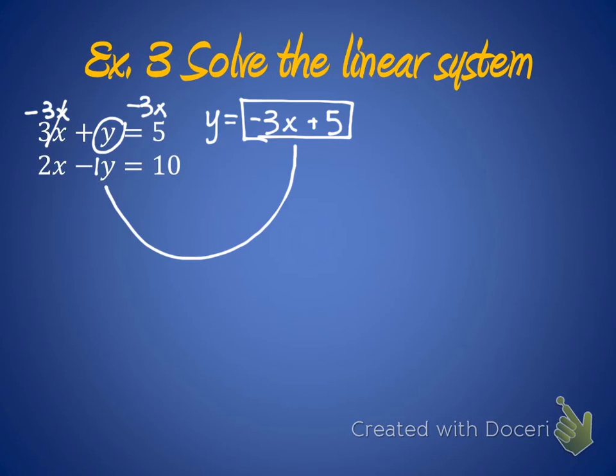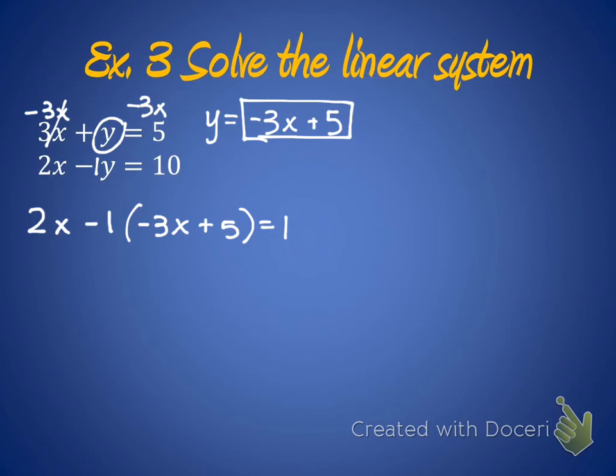So I can substitute it in for the y in this equation. So I write 2x minus 1. Then what am I plugging in for y? Negative 3x plus 5. Negative 3x plus 5 equals 10.